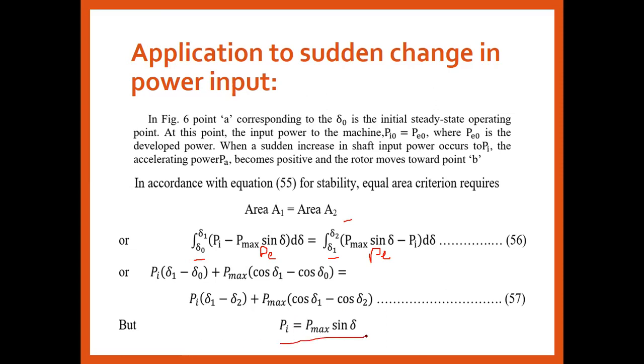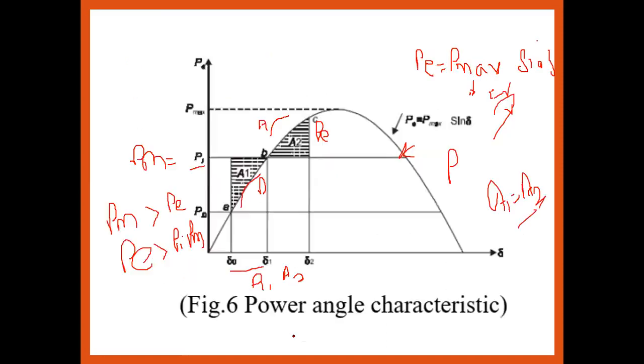Pi is Pm, the mechanical input power, and the mechanical input is P max into sine of delta.